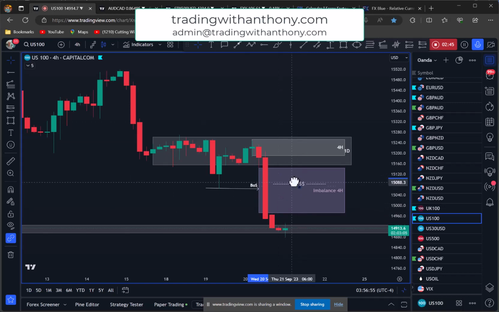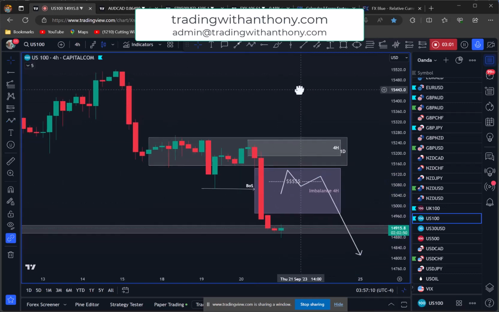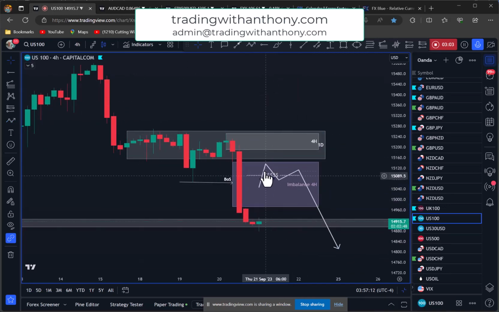So with a combination of stops, resting liquidity sitting up in here, the imbalance, it makes sense to me that I would set up a sell up in through here, and with a stop loss above the high back here.